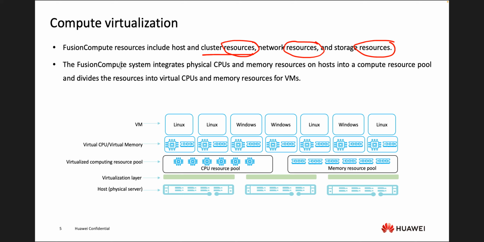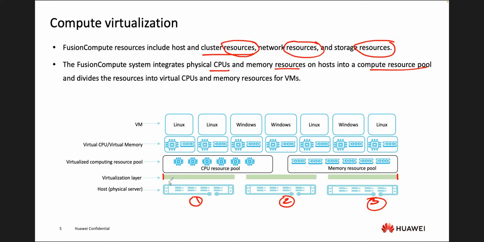Fusion Compute, that whole system as a whole, looks at your physical CPUs, your physical memory, and all of that, and creates this resource pool, so that we have a setup like this. You can see here you have physical servers: server 1, server 2, server 3, and there's the layer that gets created.